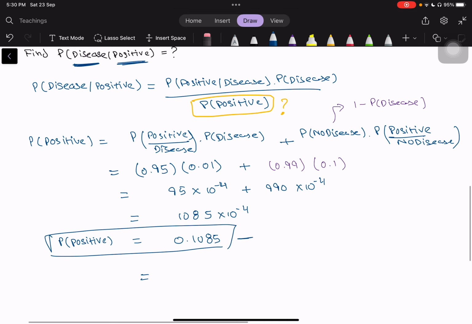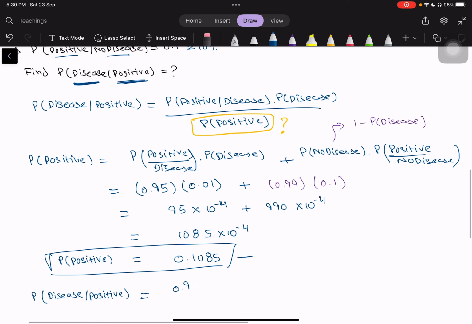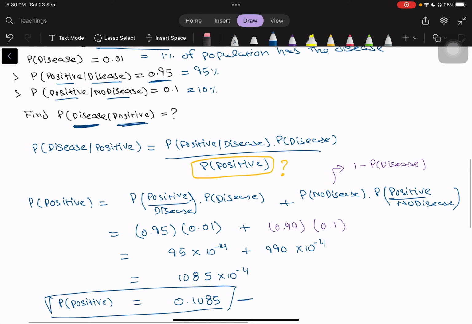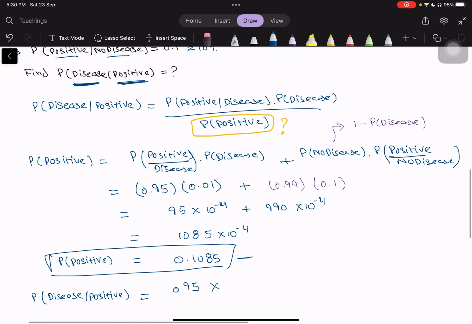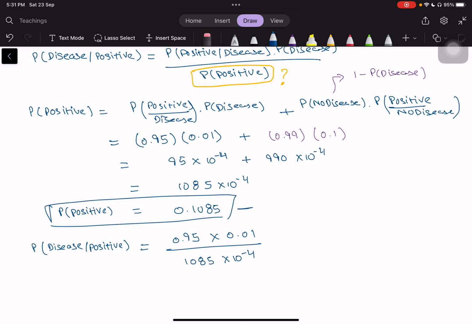Okay, so probability of having a disease given that the person gets tested positive is equal to 0.95 multiplied by 0.01 divided by 1085 into 10 raised to power minus 4. Yeah, and if we solve this equation, we get our answer.